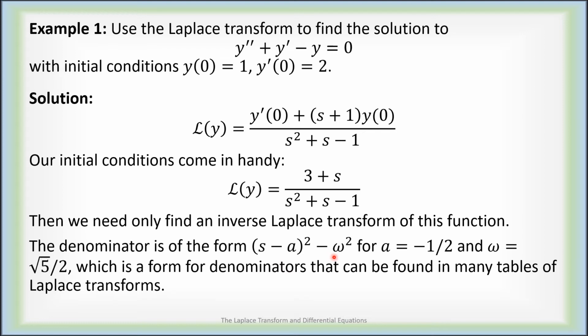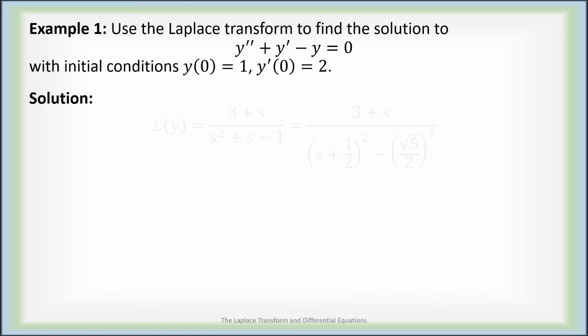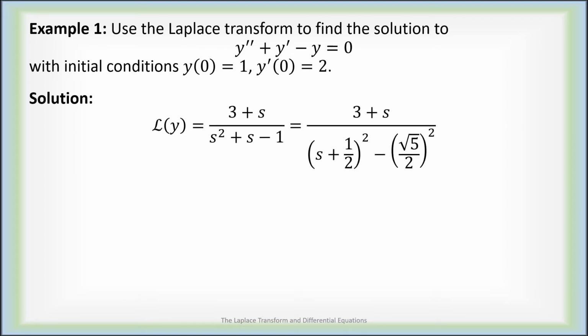But this form of a denominator will show up in many tables of Laplace transforms, and noticing that the denominator already looks like something that appears in a table of Laplace transforms, s minus negative 1/2 squared minus omega squared, is going to help us a lot.